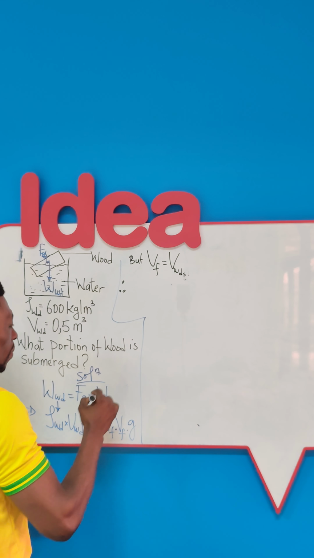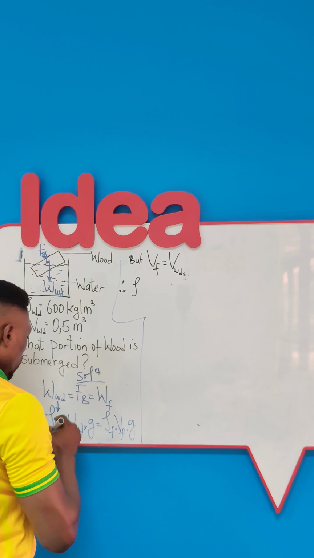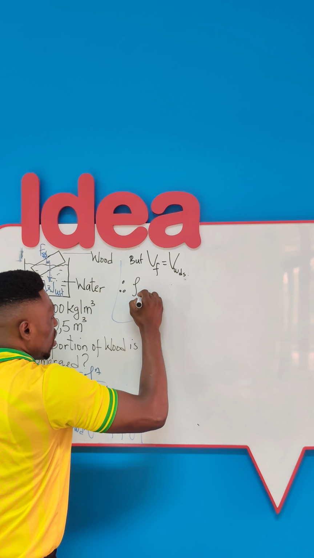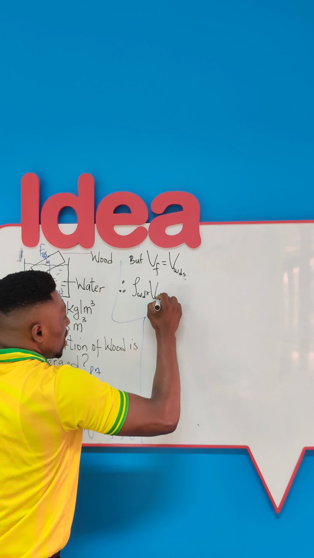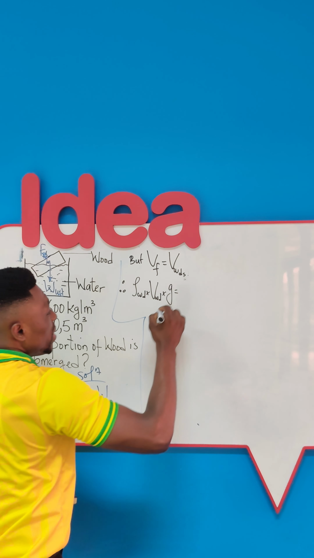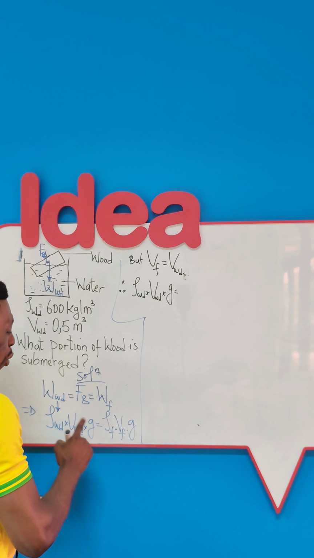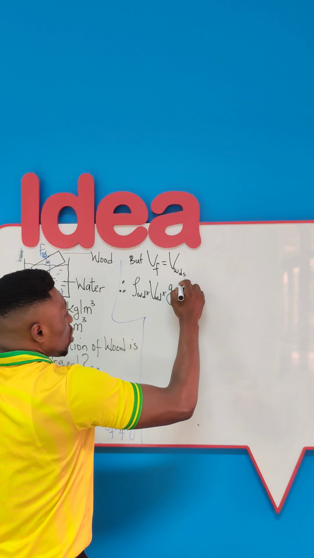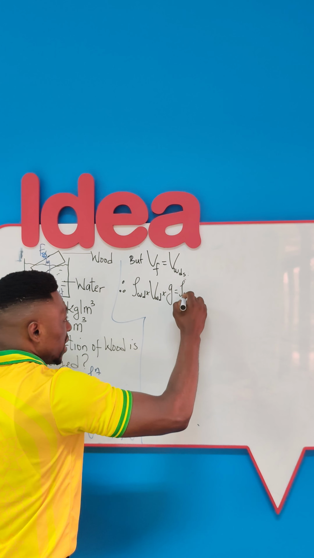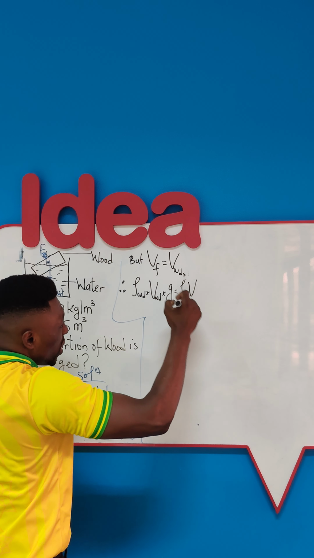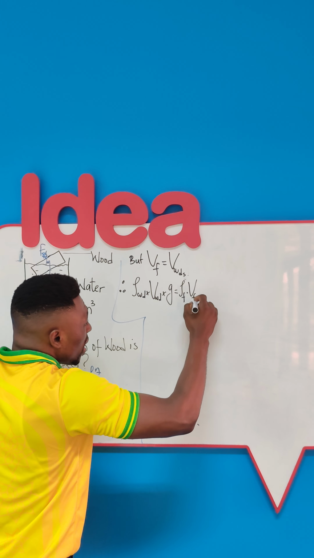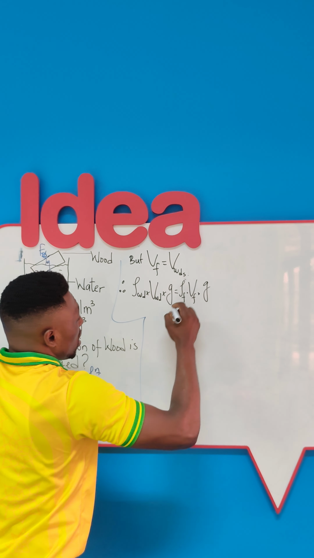Therefore, the weight of the wood, which is the density of the wood, times the volume of the entire wood, and times gravity, will be equal to the weight of the fluid displaced, which is equal to the density of the fluid displaced, times the volume of the fluid displaced, and then times gravitational acceleration.